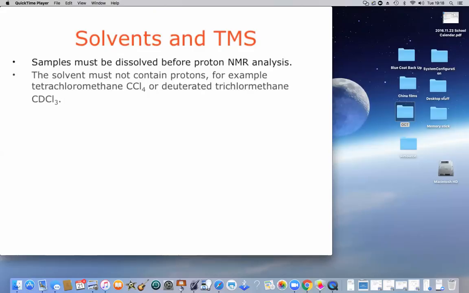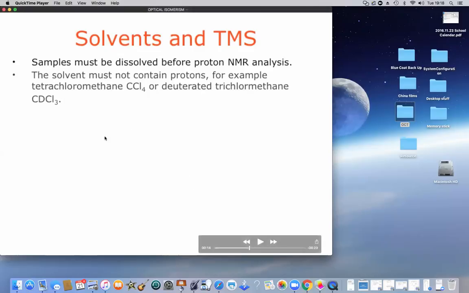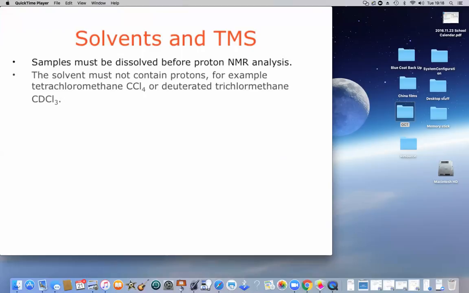Deuterated solvents are very popular. What I mean by deuterated solvent is that D is used as an indicator that we have hydrogen, but in the form deuterium, hydrogen 2. Because hydrogen 2 has one proton and one neutron, it has no overall spin, so it won't show up on NMR.